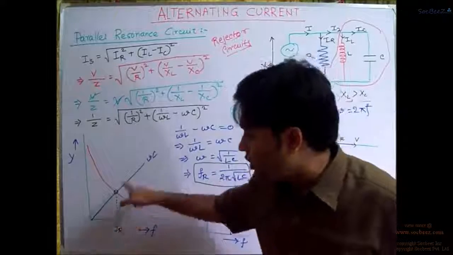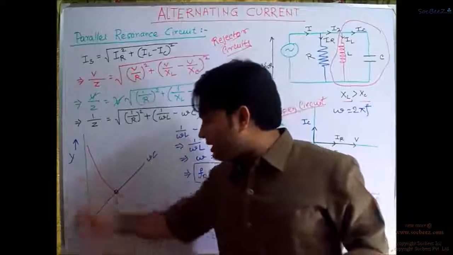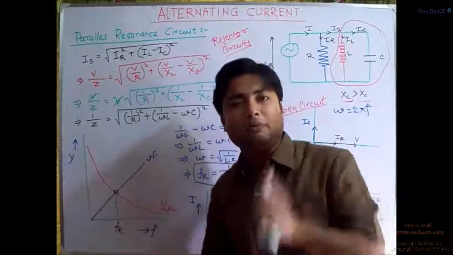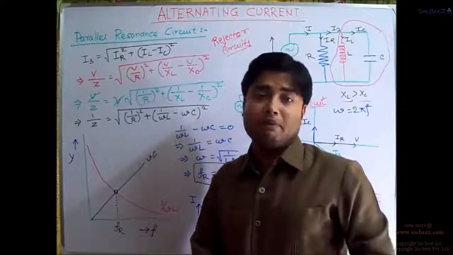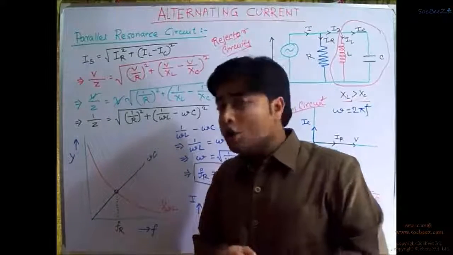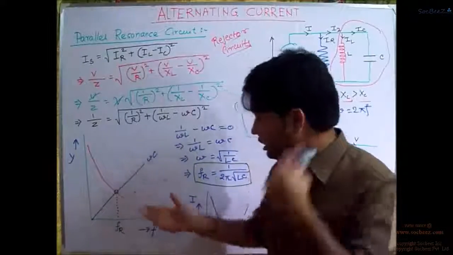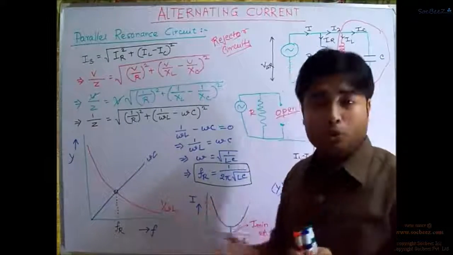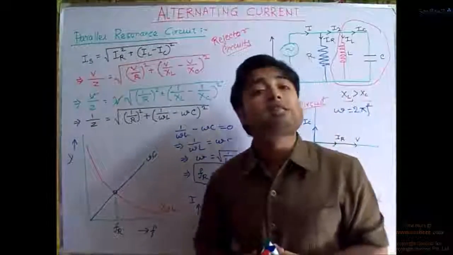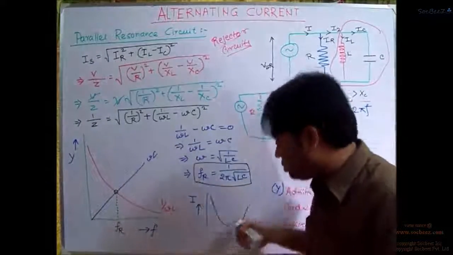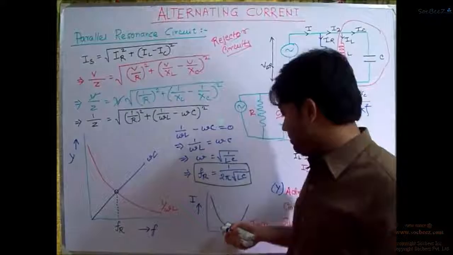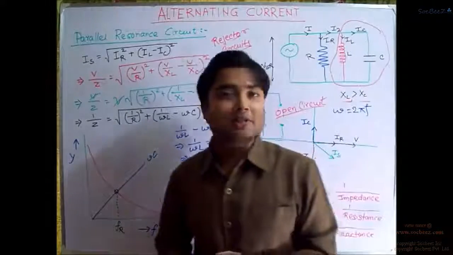We have seen that on cancellation, the admittance at the resonant frequency will be equal to 0, which means the impedance will be infinite, so the current will not be able to pass through it. But obviously, if there is a resistance, the current will pass through it, at a minimum at this resonance frequency, right?